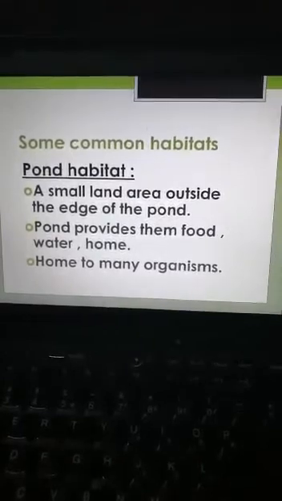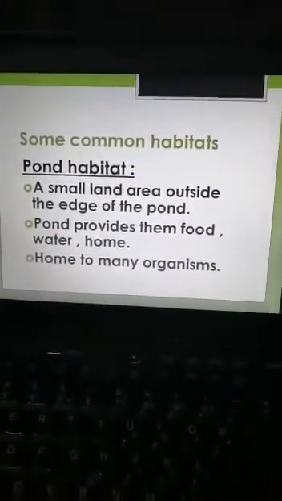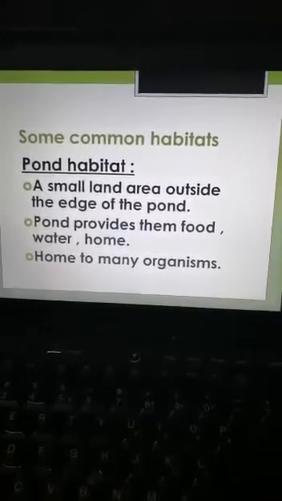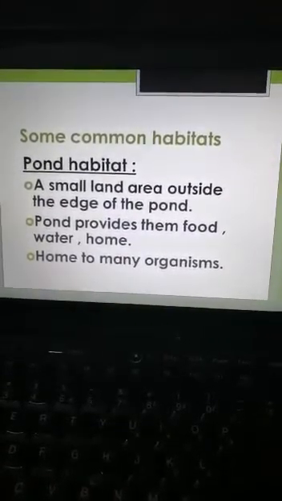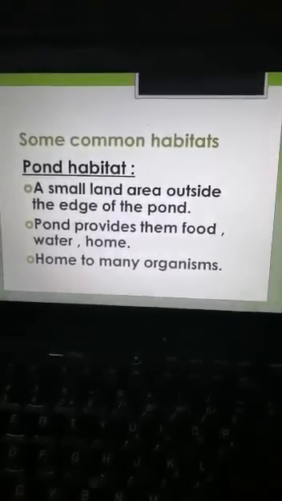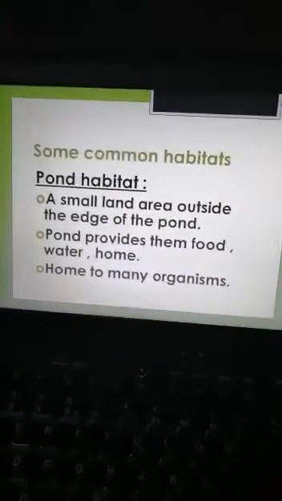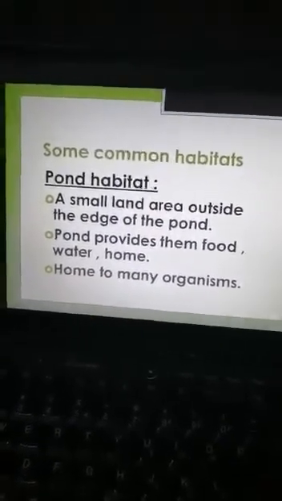Generally we find animals or organisms in a place where their basic needs are fulfilled. So the pond becomes home to a lot of animals and plants. Which kinds are found there, we are going to see in our next slide.